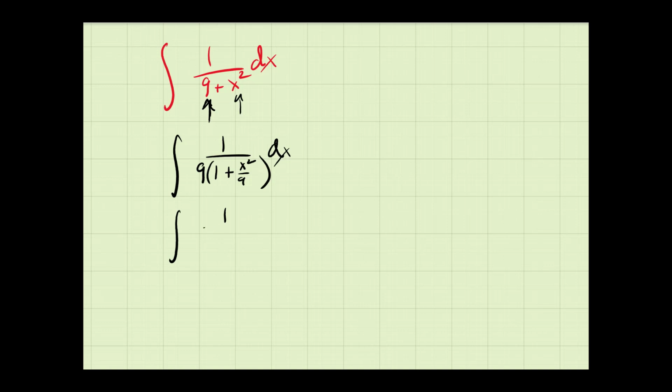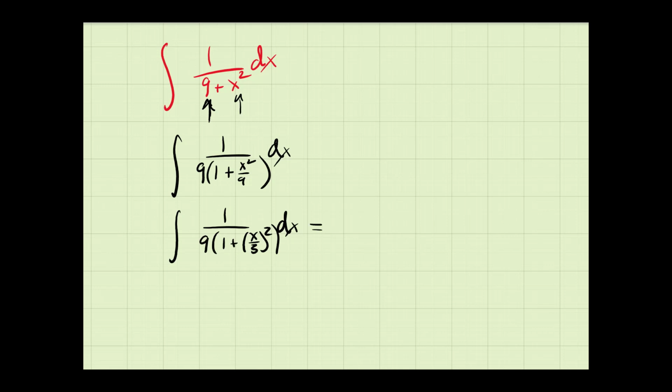Well then, just like in the previous question, I have to break this square up into x over 3 squared. So this fits the form now of the inverse tangent.